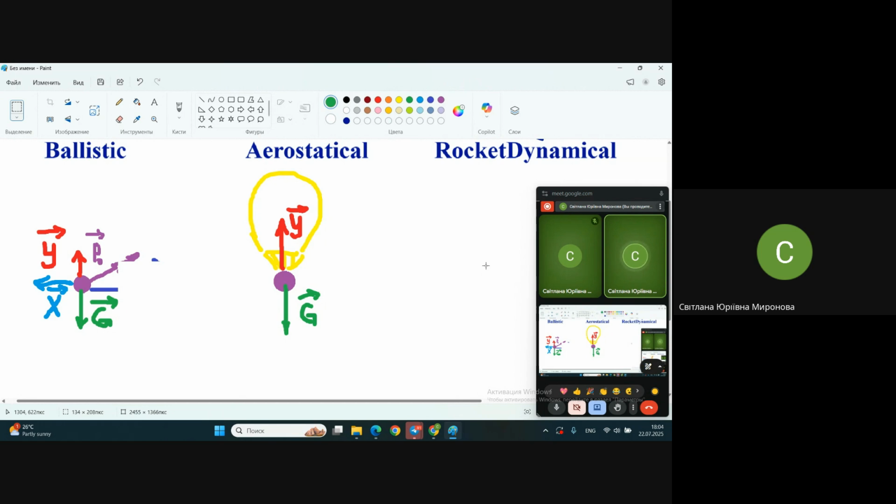But it's not the whole truth. The truth is that actually we have something like flow of air in the atmosphere, and this flow, these winds or air motion, appear because of different factors.